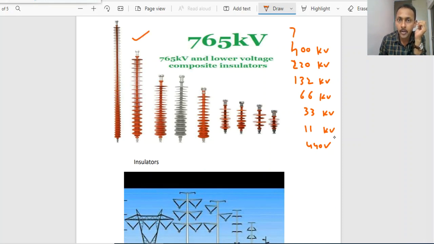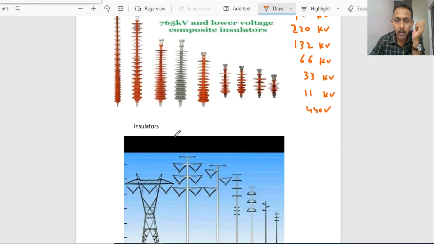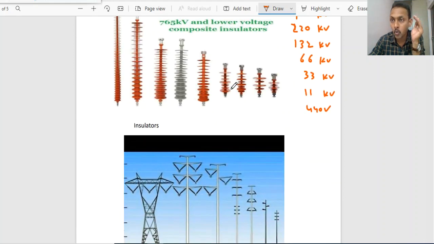Of course, in India we also have 765 kV level transmission towers. So depending upon the voltage level the insulators are to be selected. These insulators support the conductors and isolate them from the ground.